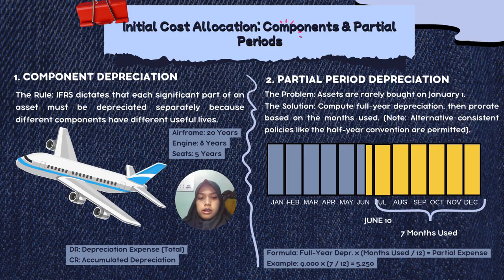The formula is full year depreciation multiplied by months used divided by 12. For example, 9,000 times 7 over 12 equals 5,250. That's all for slide 1.